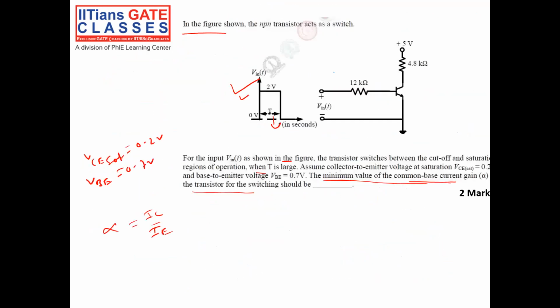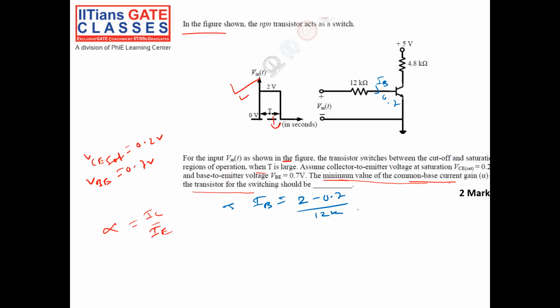So you see, what is IB? This is IB. IB is equal to Vin, which is 2 volt, minus 0.7 volt, divided by 12K.